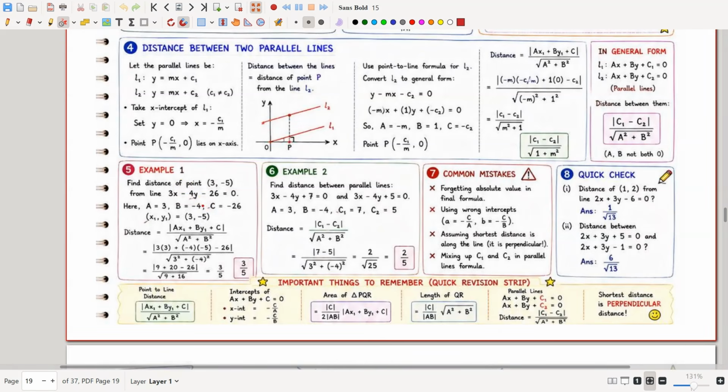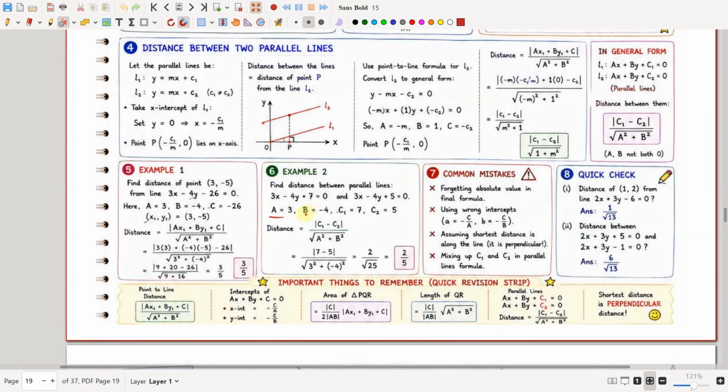Okay, and now I'm going to find the distance between parallel lines. So 3x minus 4y plus 7 is equal to 0, and 3x minus 4y plus 5 is equal to 0. If we are given parallel lines, only the constant term c will differ. All the other values a, b will be the same.